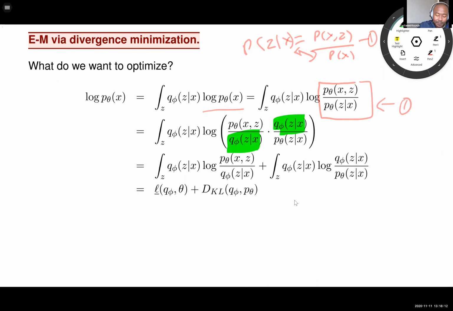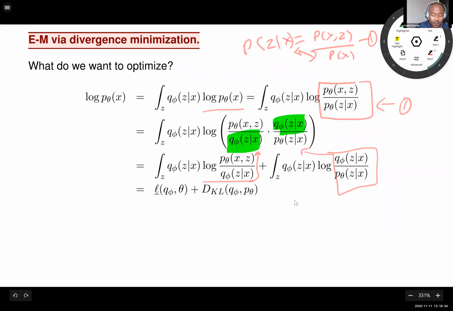However, I can split this up, so this gives me 2 terms. What I'm doing is looking at the log of the product. The log of the product is equal to the sum of the logs. So this first term becomes here, and this second term comes from there.